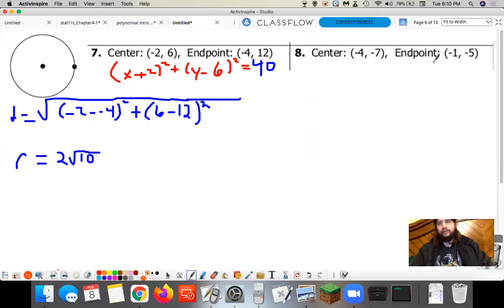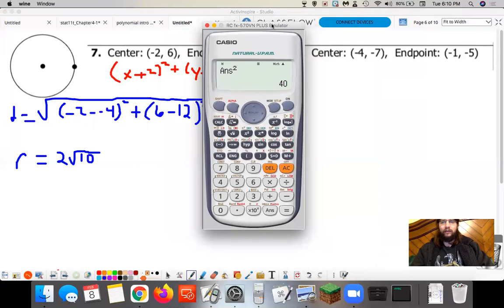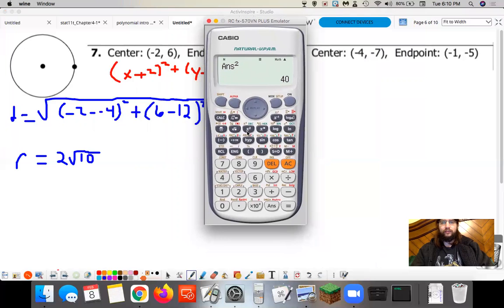Same thing here. So I'm actually just going to type it in the calculator. Writing it out, it's the distance formula. When you practice with that, go practice. So (-4 minus -1) squared plus (-7 minus -5) squared gives us square root of 13.